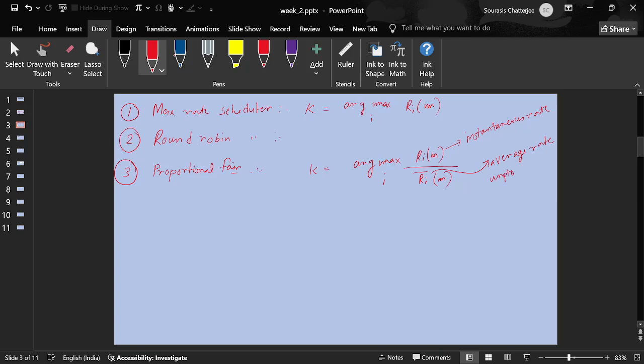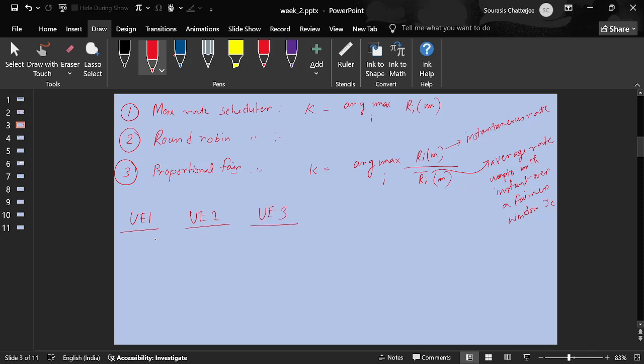up to mth instant over a fairness window tau. For detailed calculation you can see the lecture, but I'd like to pose a problem. Let's say I have user 1 here, user 2 here, user 3 here.